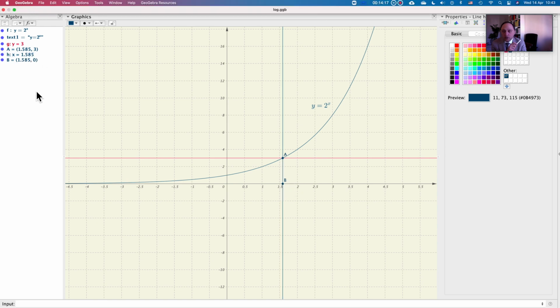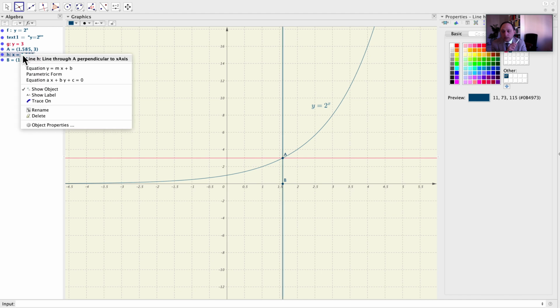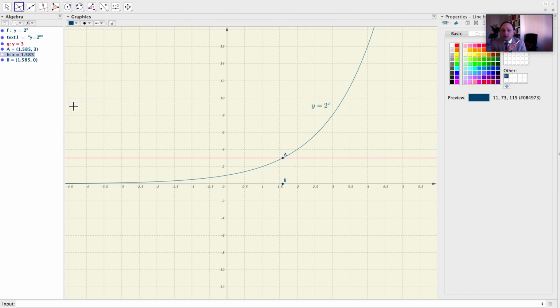And now what I do, I go to GeoGebra, and I will remove the object, and then I go here and find the line segment, and connect these 2 points together.